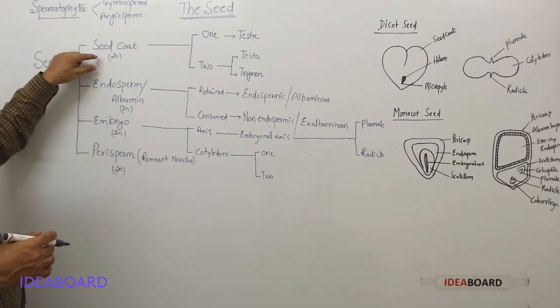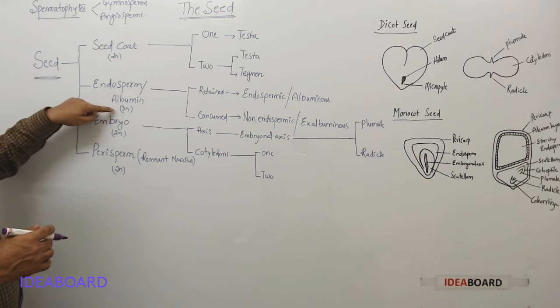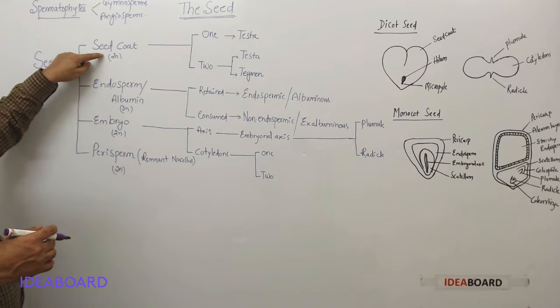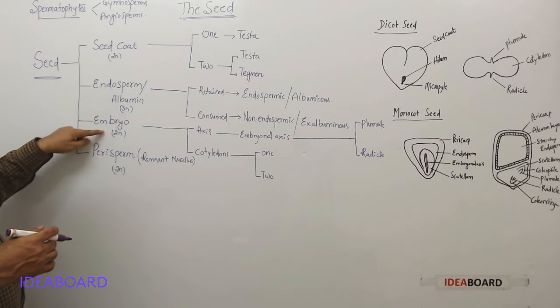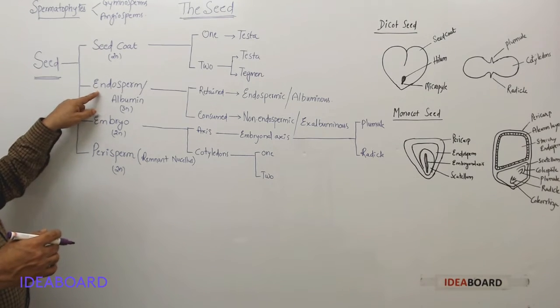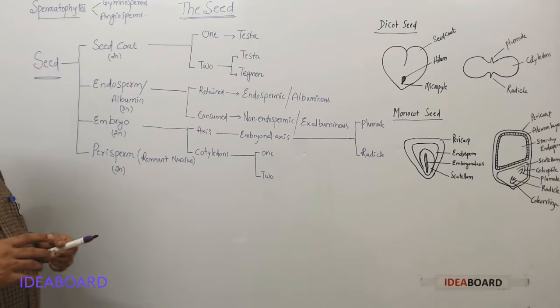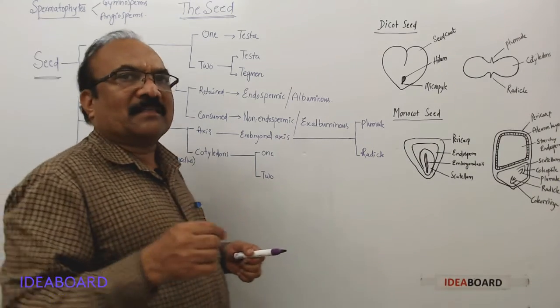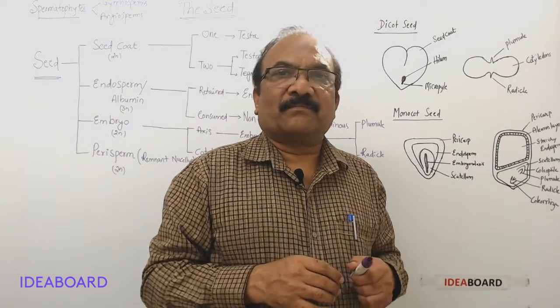And of course, the ploidy here: the seed coat is diploid, embryo is diploid, perisperm is diploid, but endosperm is triploid because it is the product formed as a result of triple fusion.